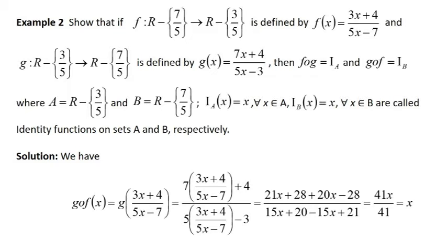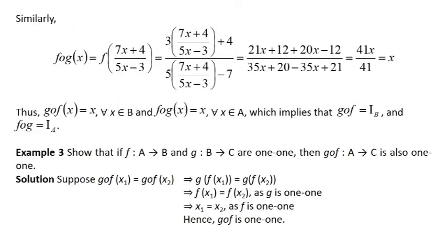So this x is substituted by 3x plus 4 divided by 5x minus 7. So 7 into 3x plus 4 divided by 5x minus 7, plus 4, divided by 5 into 3x plus 4 divided by 5x minus 7, minus 3. Which ultimately after simplification we get x.